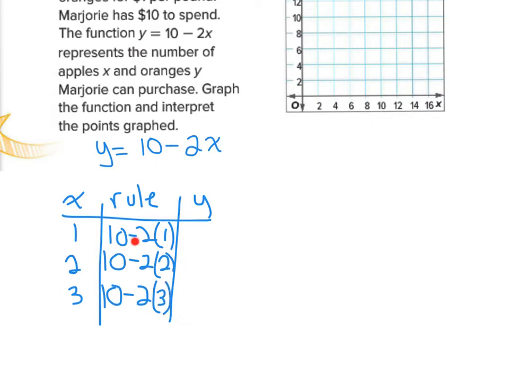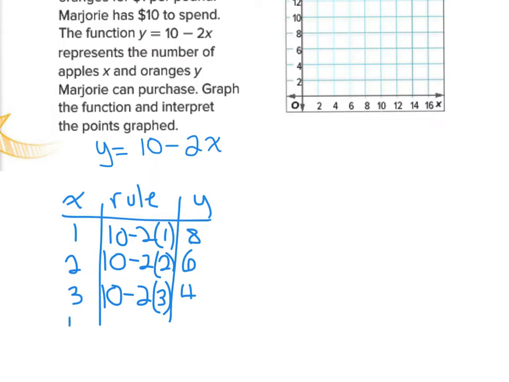Right, when I do that, I multiply 2 times 1 equals 2, subtracted from 10 is 8. Over here, I have 2 times 2 equals 4, subtracted from 10 is 6. And 2 times 3 is 6, subtracted from 10 is 4.